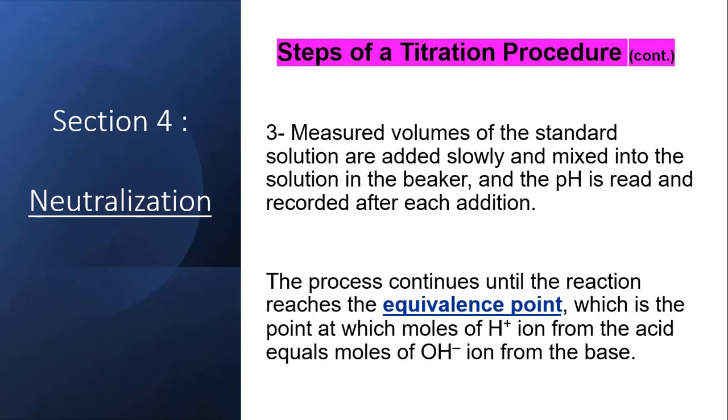Next, measured volumes of standard solution are added slowly and mixed into the solution in the beaker, and the pH is read and recorded after each addition. So after each addition, let's say after we add each 5 milliliters or 2 milliliters, we are going to read the pH.